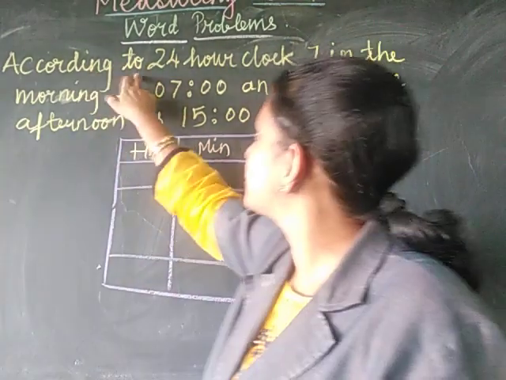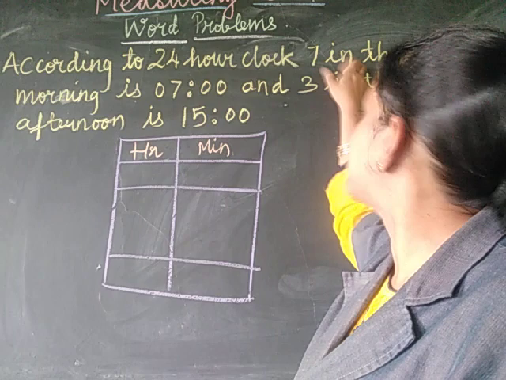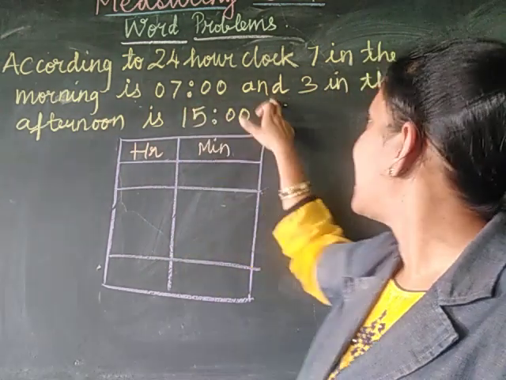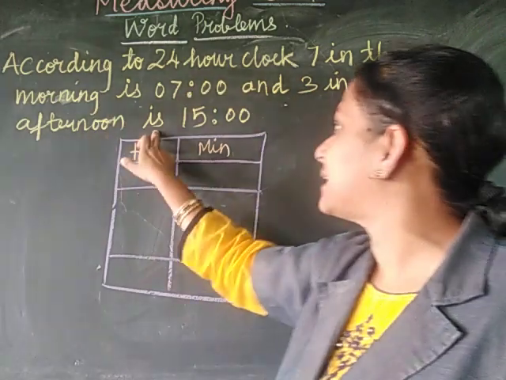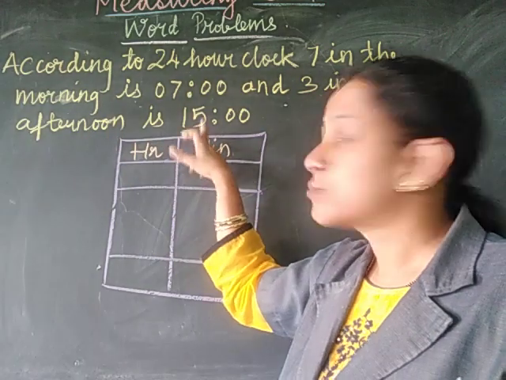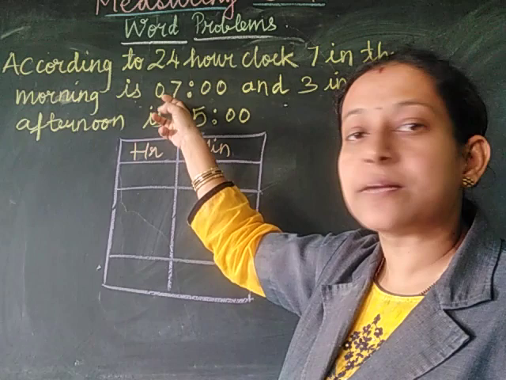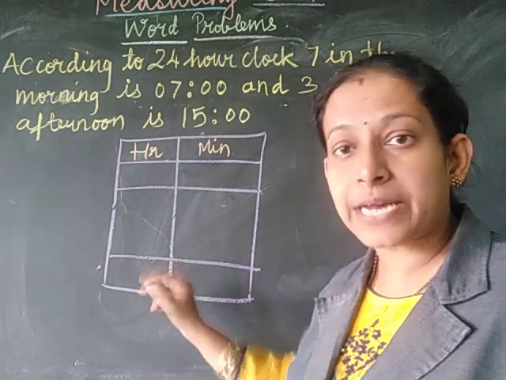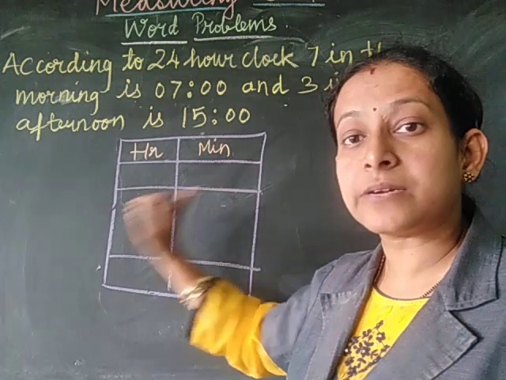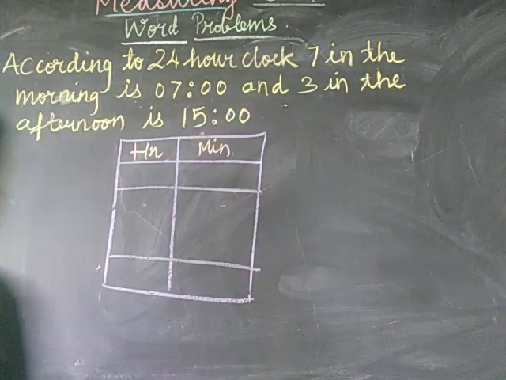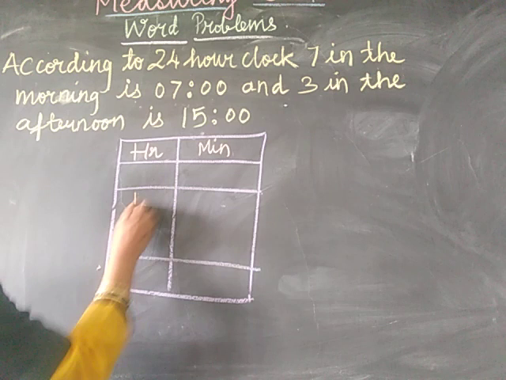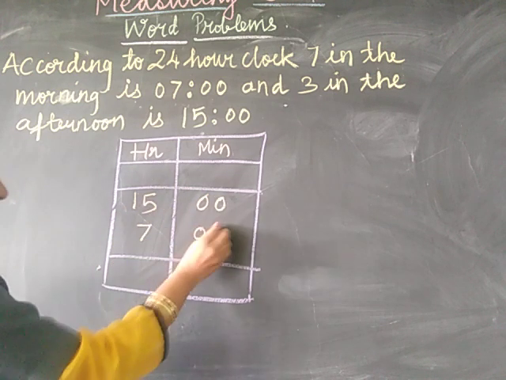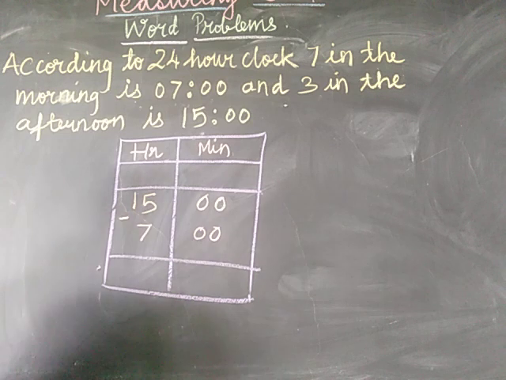Since 15 is bigger as compared to 7, we need to subtract 7 from 15. So we are going to write here 15 hours 00 minutes and 7 hours 00 minutes. Subtract and find out what is the difference.